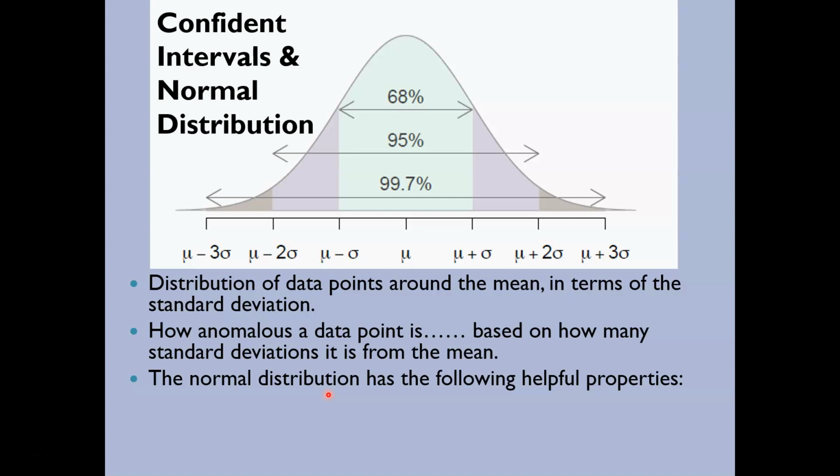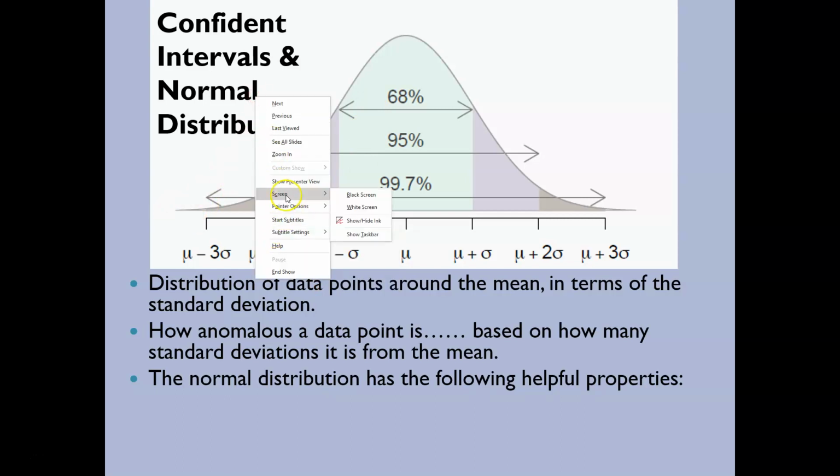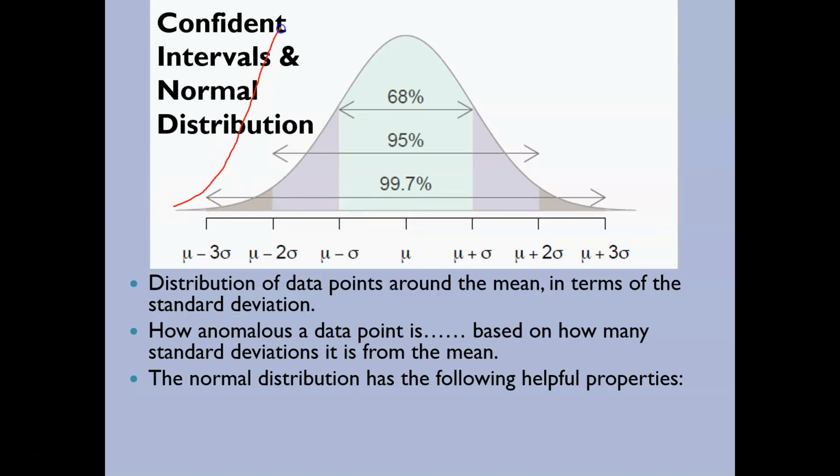Now remember that these confidence intervals can only be applied to data sets that have a normal distribution. If you have a data set with a non-normal, skewed distribution, like this, let's say, you can't apply confidence interval theory.